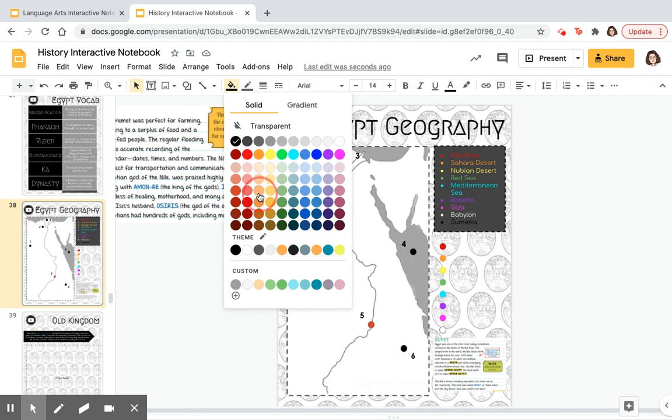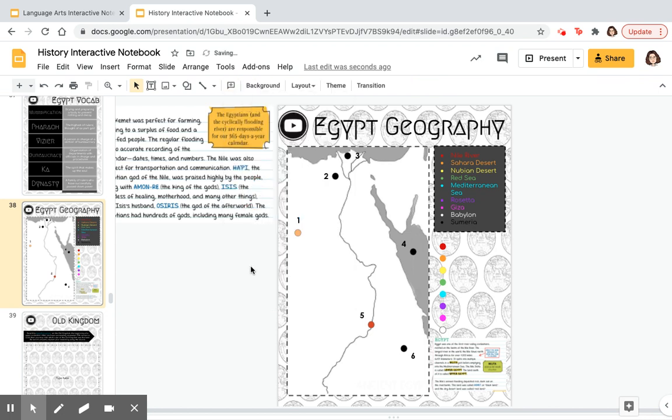So go ahead and make number 1 orange. On the right-hand side at number 6 is the Nubian Desert.